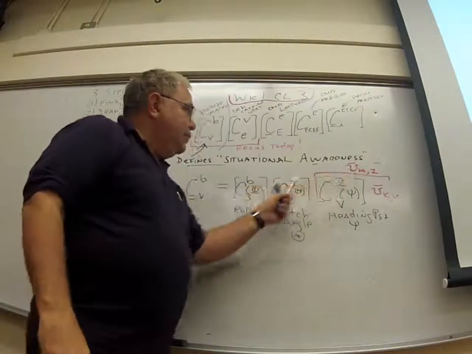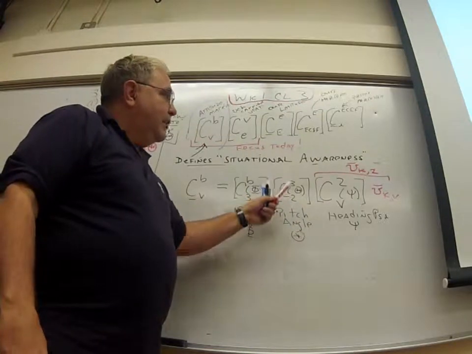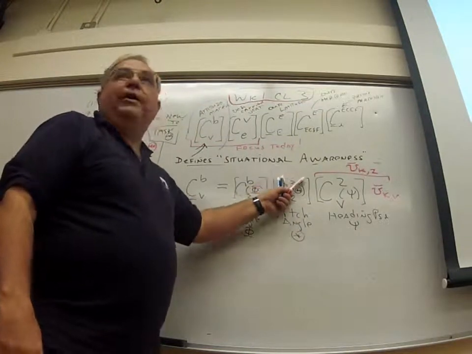Now when I take VK in the 2 frame and multiply it by this, I'm going to get VK, comma, 3.